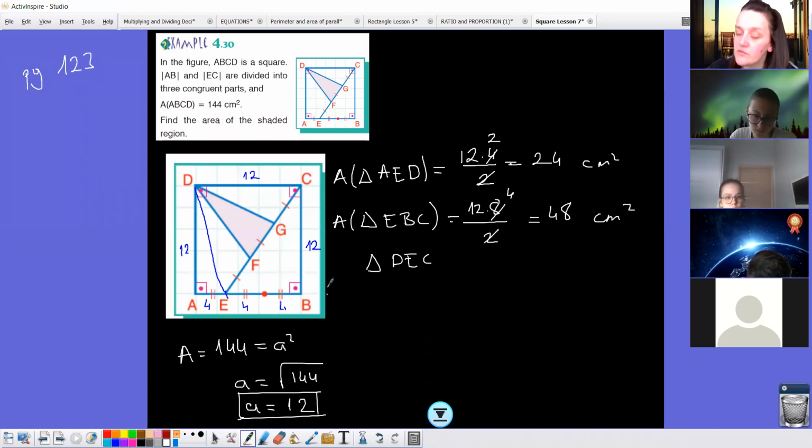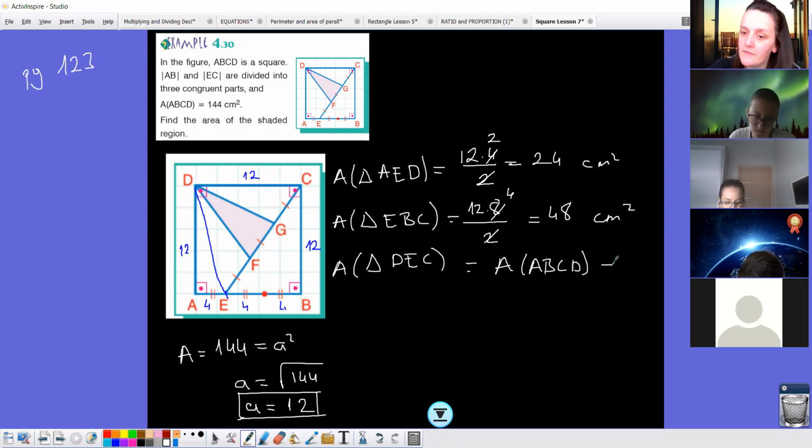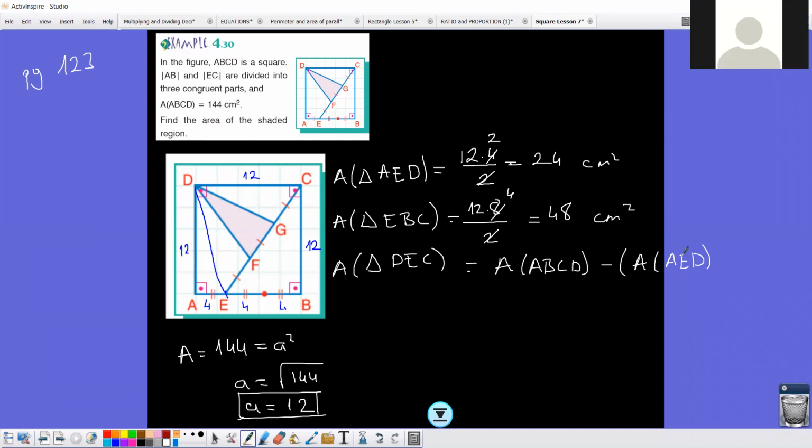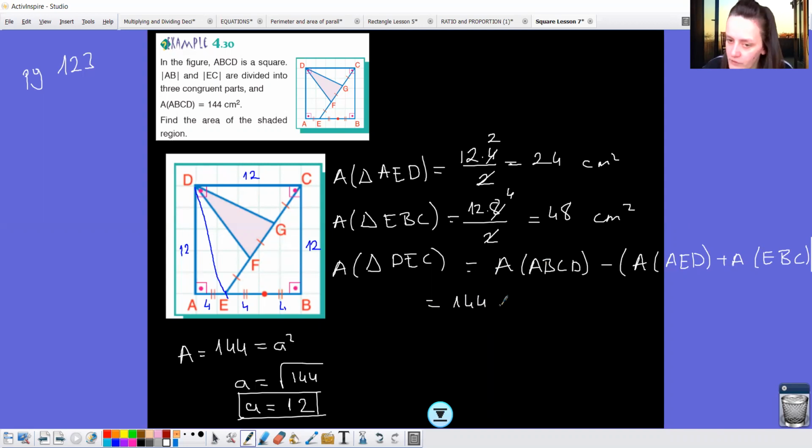That is 48 centimeters square. The area of DEC can be written as the area of the whole square ABCD minus the area of AED plus EBC. The area of ABCD is given as 144, minus 24 plus 48.